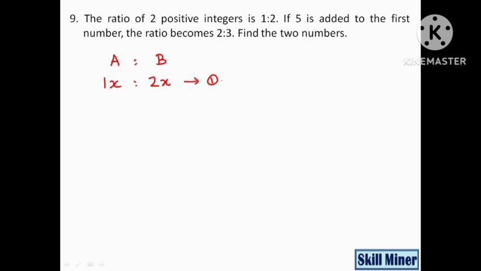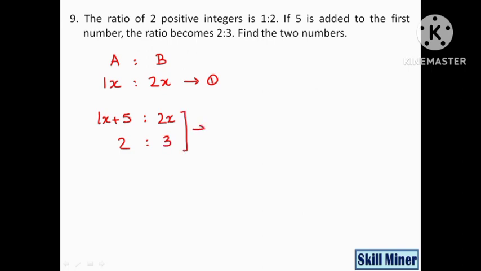Okay, which means if 5 is added to the first number, that is 1x, the second number remains the same, and the ratio becomes 2 is to 3.